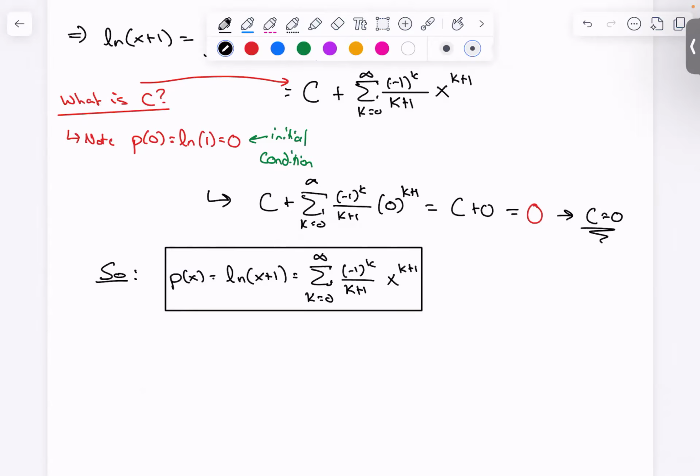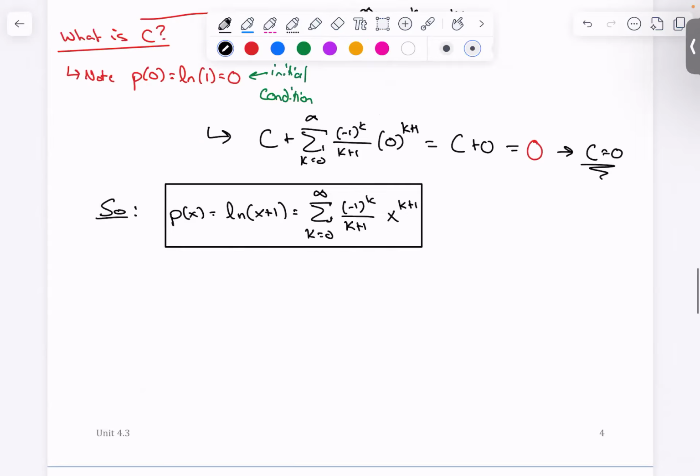Okay, now we need to find the interval of convergence. Since 1 over 1 plus x has radius of convergence equal to 1, so does P. So that means the absolute value of x is less than 1, which means that we have -1 less than x less than 1.